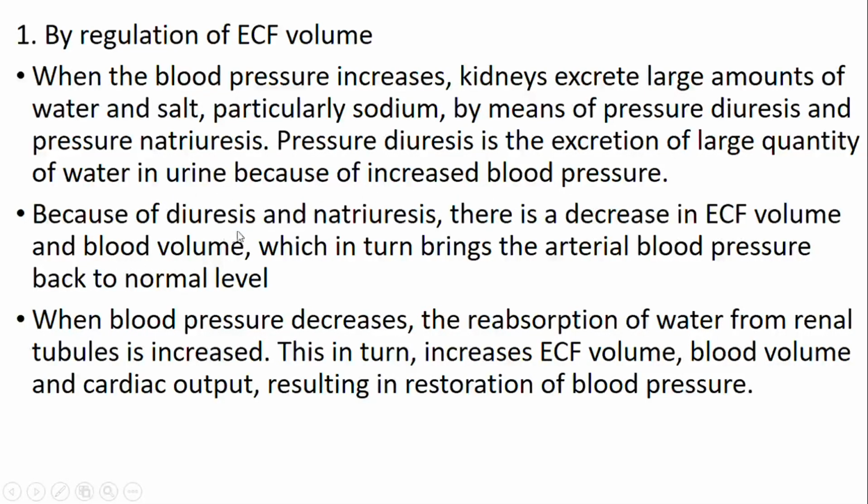Because of diuresis and natriuresis, there is a decrease in ECF volume and blood volume, which in turn brings the arterial blood pressure back to normal. When blood pressure decreases, the reabsorption of water from the renal tubules increases. This in turn increases the ECF volume, blood volume and cardiac output, resulting in restoration of blood pressure.